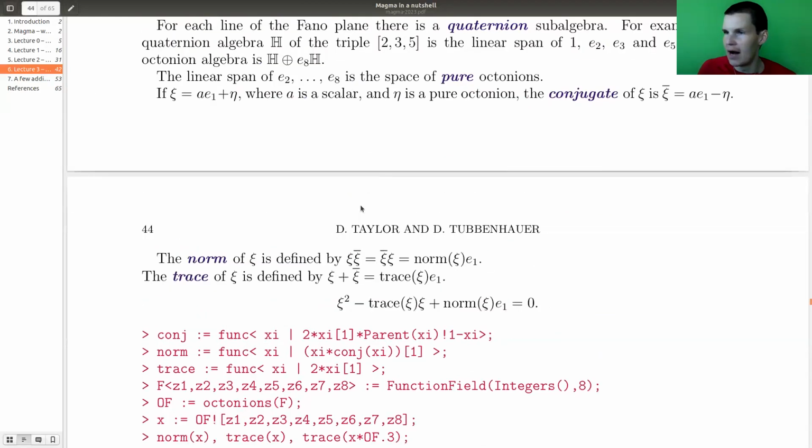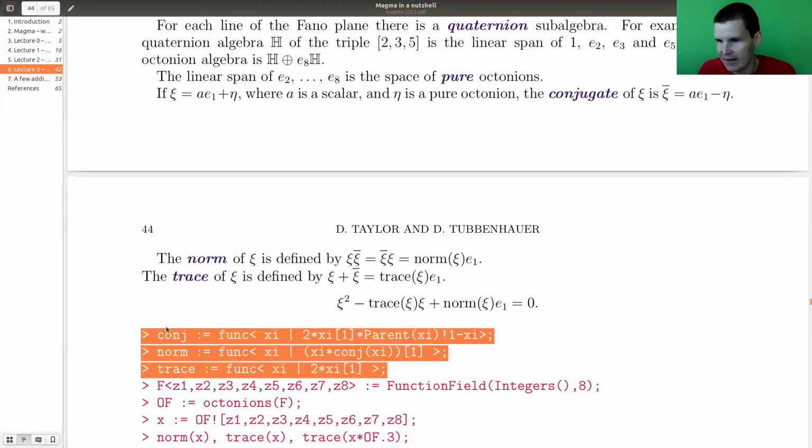Then there are some natural operations you can do on octonions. You can take the conjugate, you can take the trace, or you can take the norm. And I, of course, did it the wrong way around. You can conjugate it, and conjugate just adds a sign in front of everything that's not the identity. The norm is an element times its conjugate, and the trace is this expression, which, if you think about what the conjugate is, is really just twice the first element.